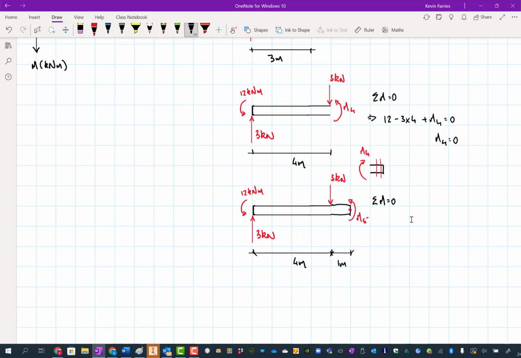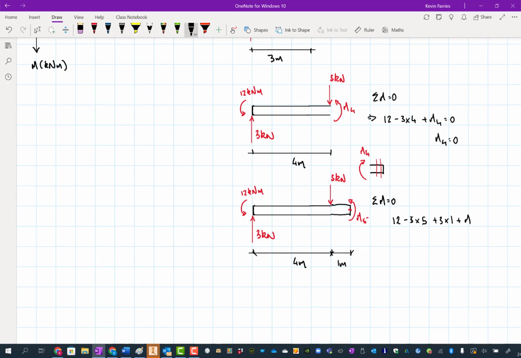So the sum of the moments is equal to 0. So we've got, even if we come from this other side, 12 and positive, minus 3 times 5 this time, plus 3 times 1, that's right.